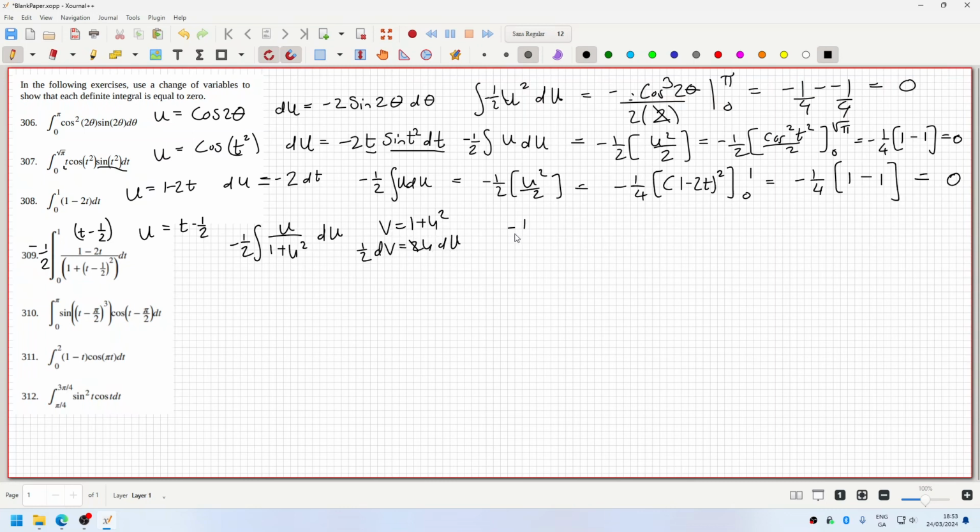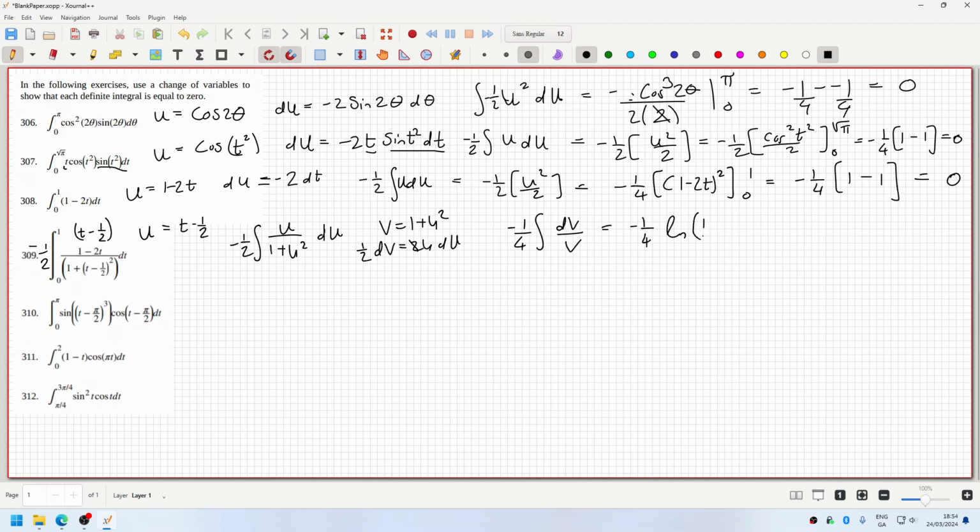So then this becomes minus a quarter dv over v. Right. So that would be minus a quarter log v.